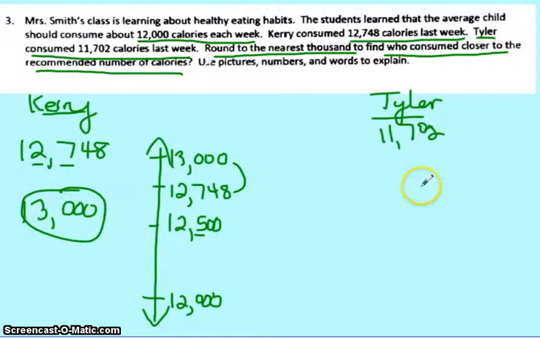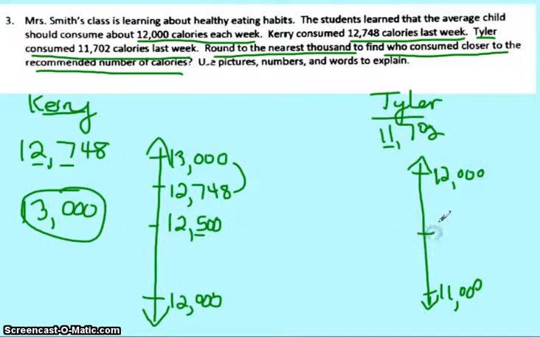Okay? Let's look at Tyler. Tyler consumed 11,700. So we'll start at 11,000. And the next thousand is 12,000. In between is 11,500.